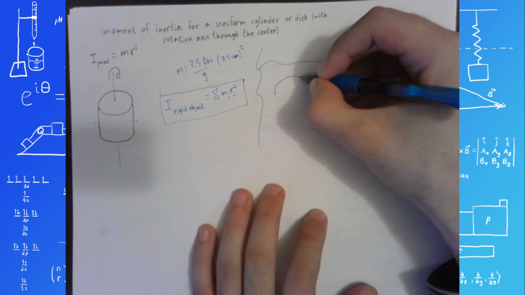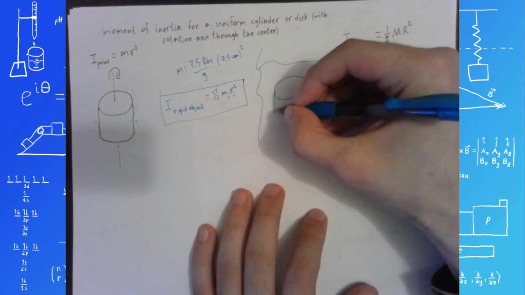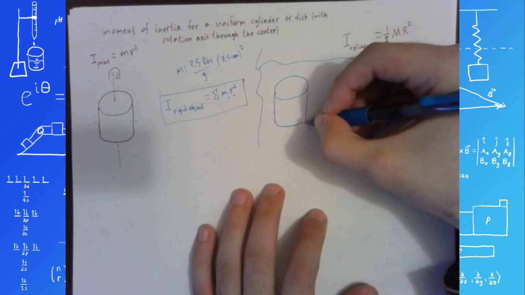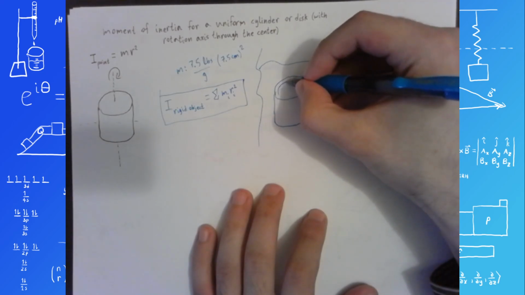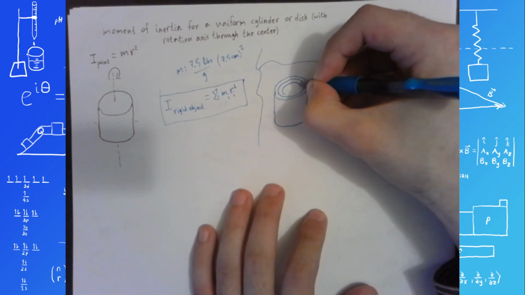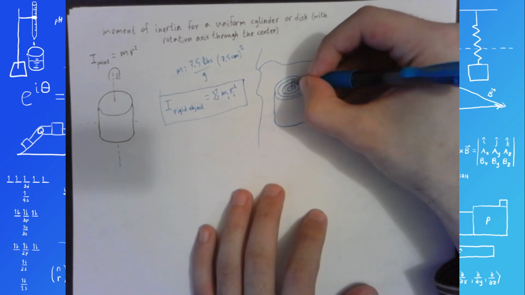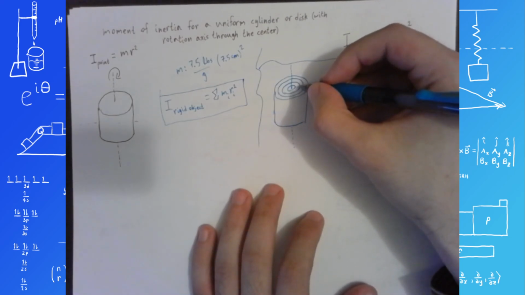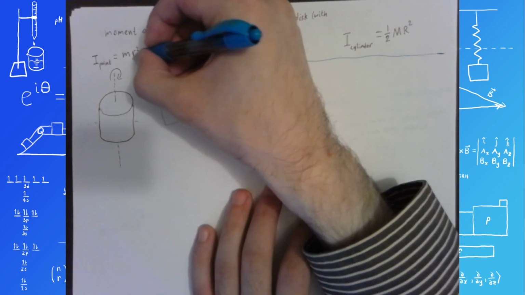If I chop my cylinder up into a bunch of cylindrical shells, this is going to work really nicely because if I make my cylindrical shells thin enough, then their radius will be approximately constant, and that would mean that all points within an individual shell will be the same distance away.